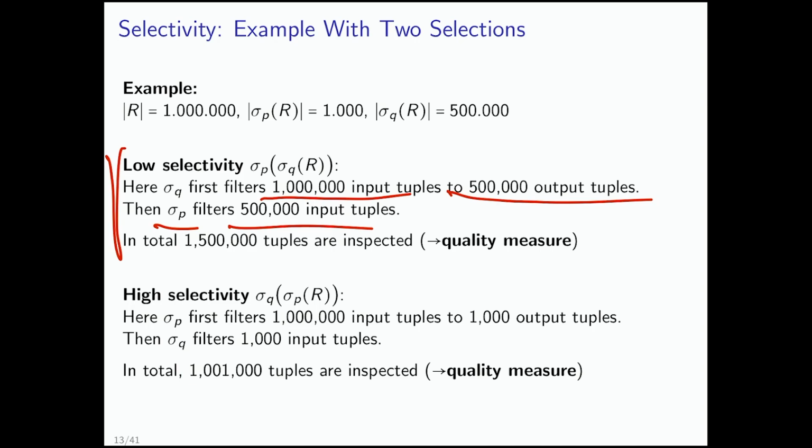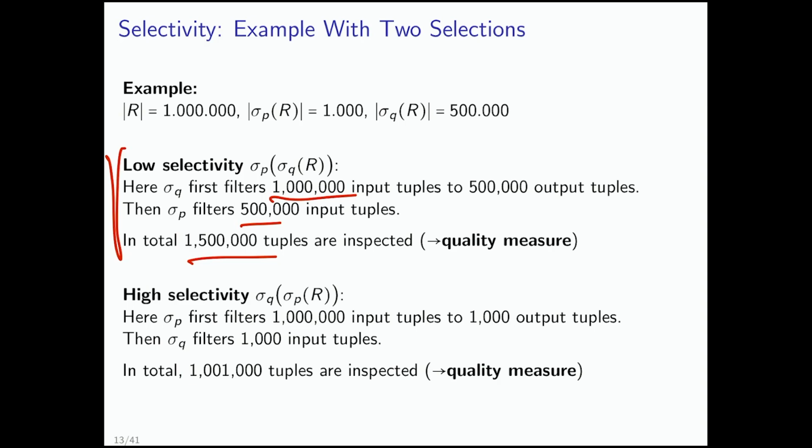We only know how selective P and Q are, but we don't know their relationship. The relationship may be anything statistically. That's not specified here. But if you think about that, in the first step there are 1 million operations, plus 500,000 operations, so 1,500,000 tuples are inspected. And that could be a quality measure for performance, to say, okay, what is the effort being done in doing this kind of filter operation?